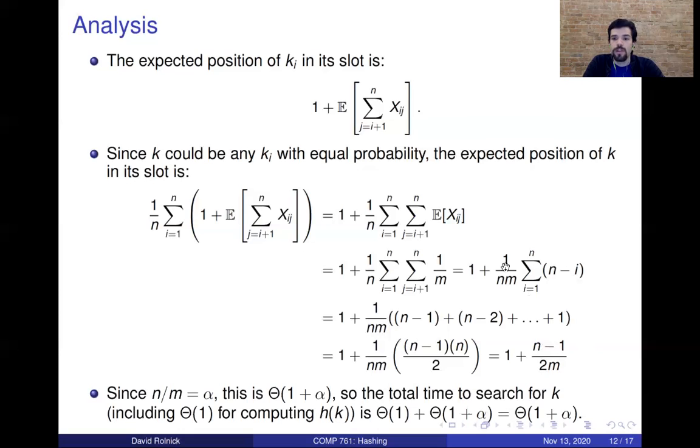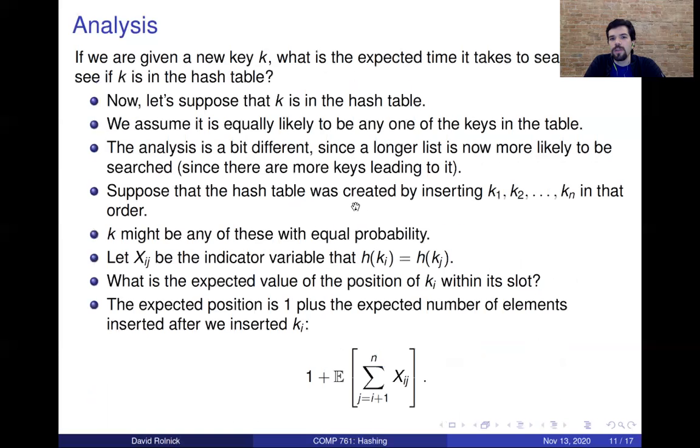Questions, more questions. In this analysis, for the case that key k is in the hash table, where does the intuition that k is biased towards longer lists come up? It's not really being incorporated into our analysis.